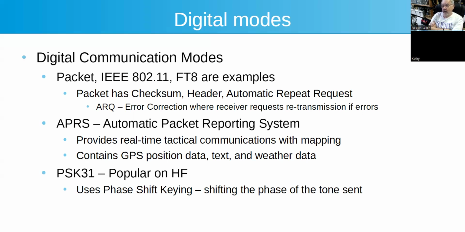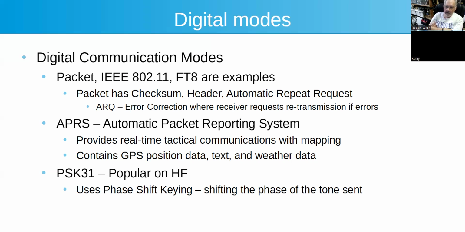So when they receive the packet, if the receiver's calculated checksum doesn't agree with what was transmitted, then it sends an ARQ to tell the transmitter to resend the packet. And it can do that several times before it gives up.